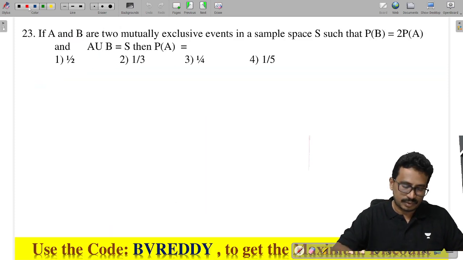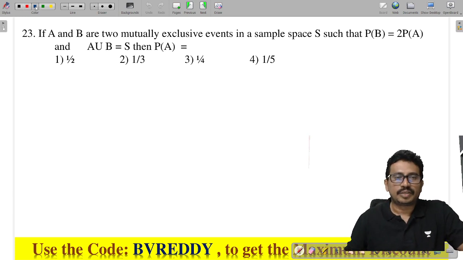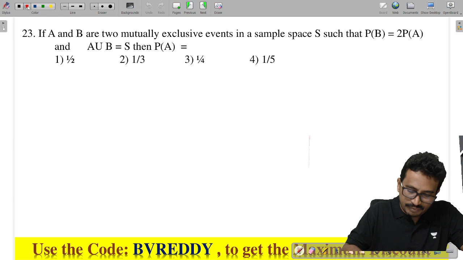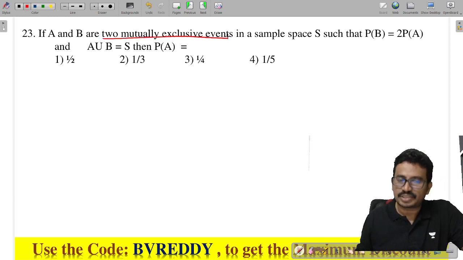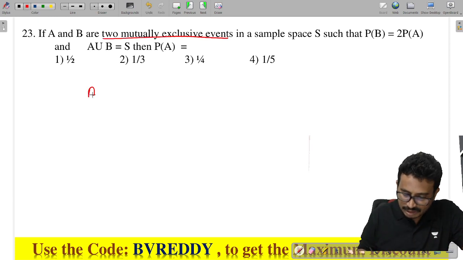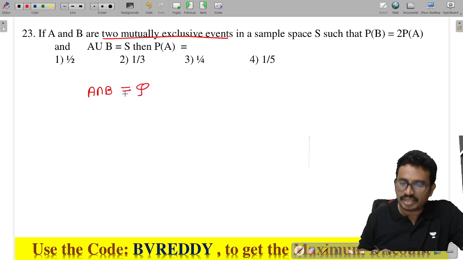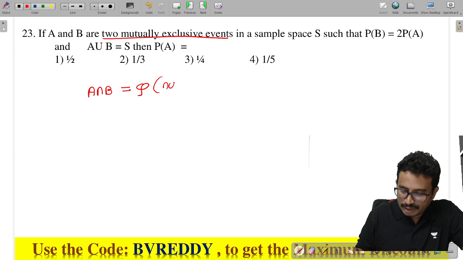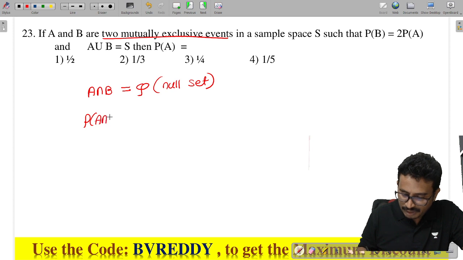Next one, see the next problem here. A and B are two mutually exclusive events. What type of events? Exclusive events. What is the meaning of exclusive? A intersection B is a null set, it is phi. Then what is P of A intersection B?